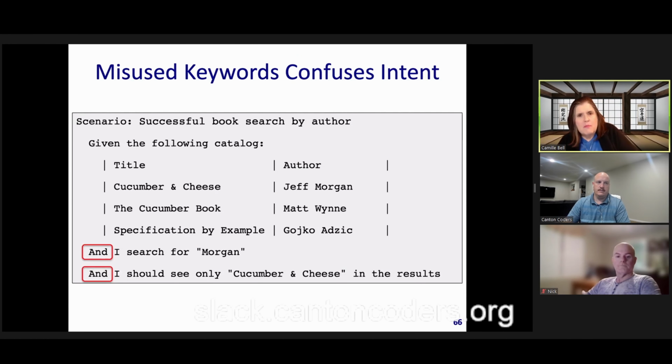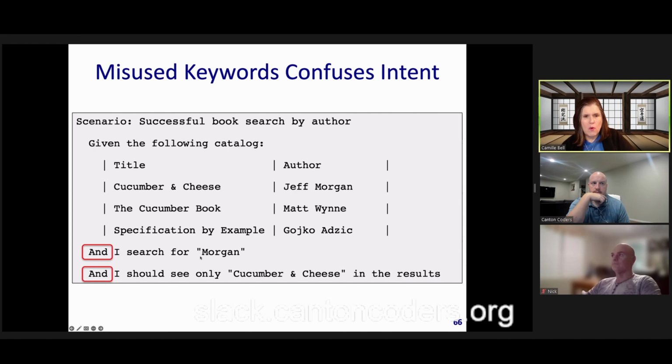So this isn't bad, but the keywords are wrong. This will run. But this should be a when, because the point of having these keywords is not just that the Gherkin interpreter understands them and can create your tests and run them properly, but that human beings can also understand them.